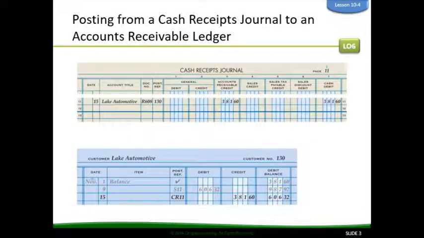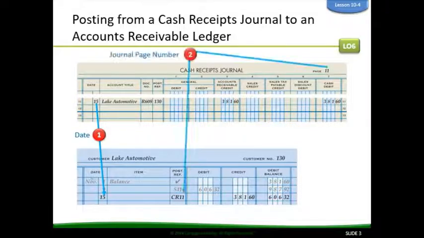Posting from a cash receipts journal to an accounts receivable ledger. We're going to take the date from the cash receipts journal and bring it down to the accounts receivable ledger. You're going to take the journal page number and bring it down. So it's cash receipts journal, page 11, which we just write as CR11.